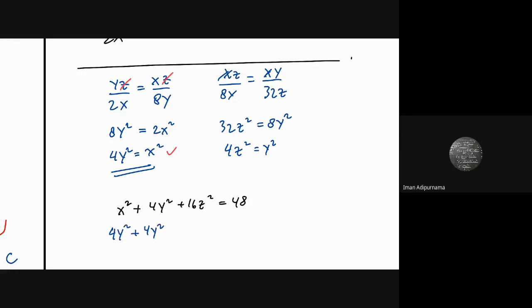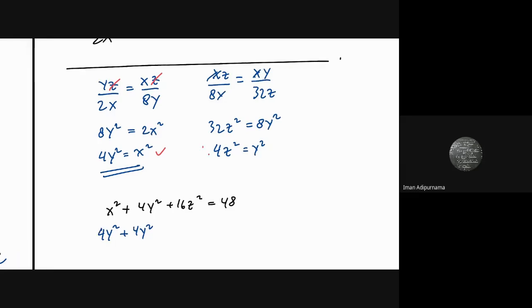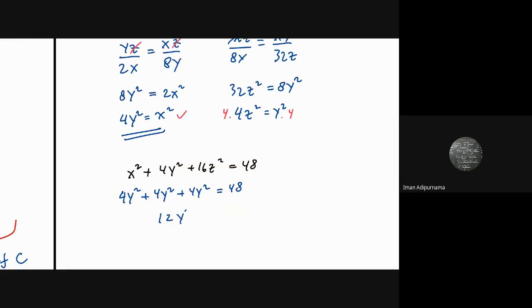And we have 16z squared, so we can multiply by 4. Right? So this becomes 4y squared, and all this becomes this. And y squared is 4. So y is plus or minus 2.